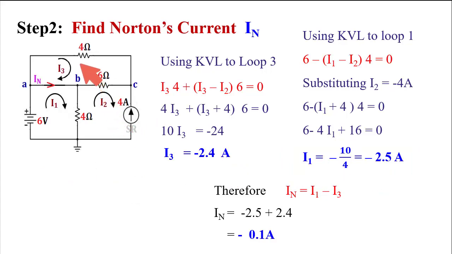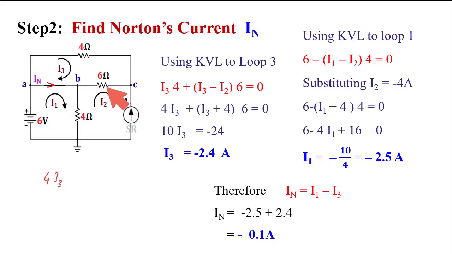Next, from loop number 3. In this loop, two resistances are there, 4 ohm and 6 ohm. So the potential drop across this 4 ohm and the potential drop across this 6 ohm, the summation of these two will be 0. Now what is the potential drop across the 4 ohm? Through the 4 ohm, I3 is flowing. So the potential drop across the 4 ohm is 4 into I3.